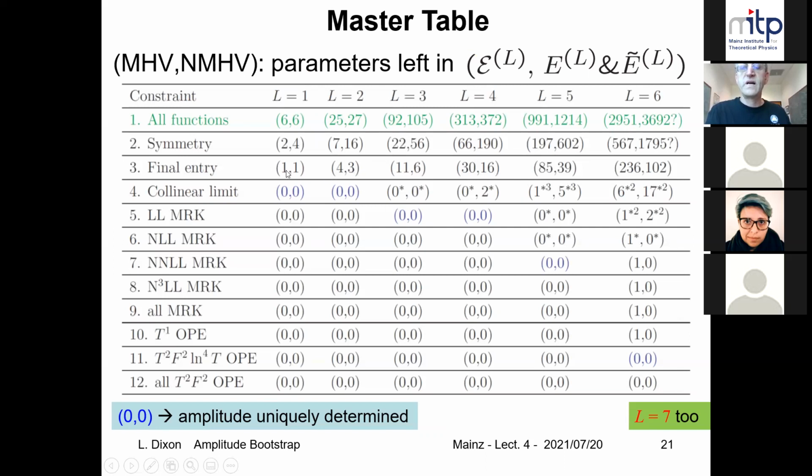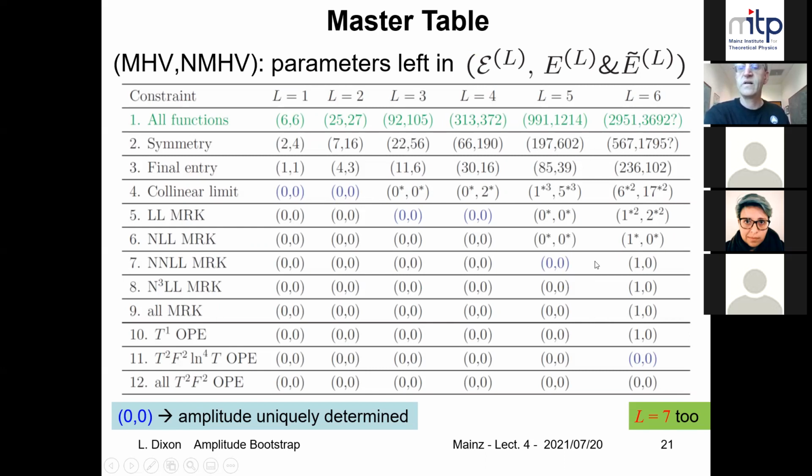And at this point, you're down to dozens of parameters, well, a bit more at 6 loops. And then when you impose the collinear limit, now you're down to handfuls of parameters. And at this point, you can start imposing the MRK limits.